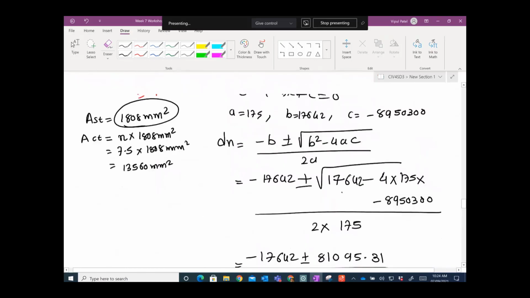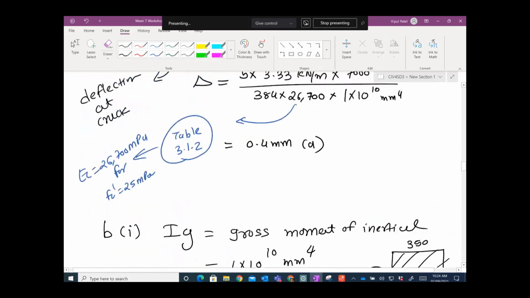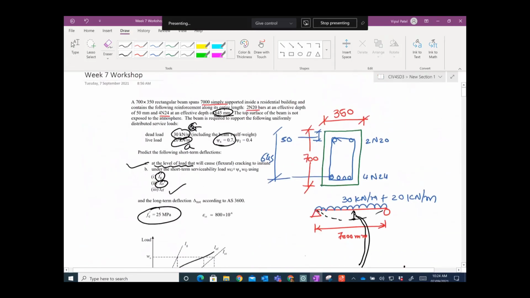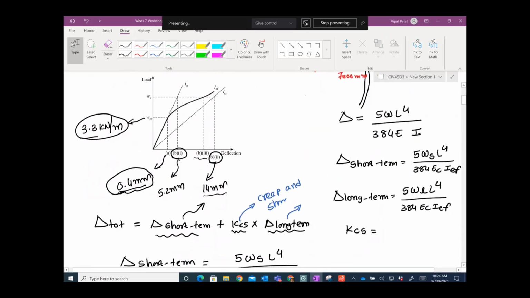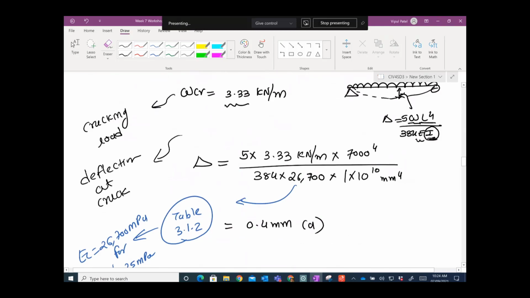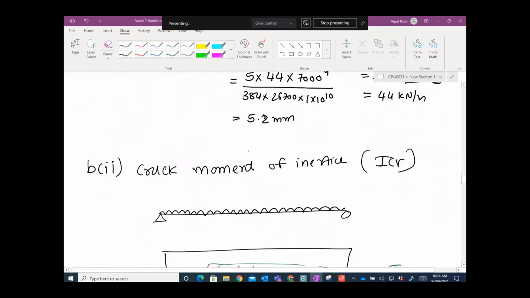So let's plug that in here. You have 14 millimeters, almost the same. Why is it the same? It's very close to I crack, 3681, because you can see the difference is here, 110.